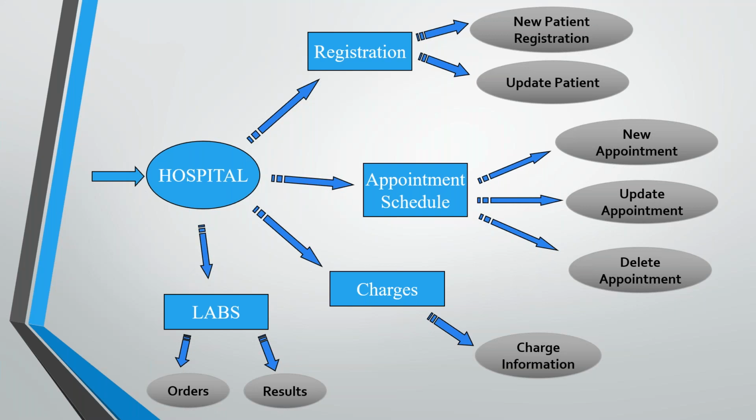If you look at this, these events are completing the basic workflow, the basic cycle of the workflow within the hospital industry. Patient gets registered and then gets an appointment done, and then meets the doctor and has some orders and results from the doctor, and finally sends out the charges to the PM system. The PM system will receive that charge related information and generate the claims, which is a different ballgame altogether.